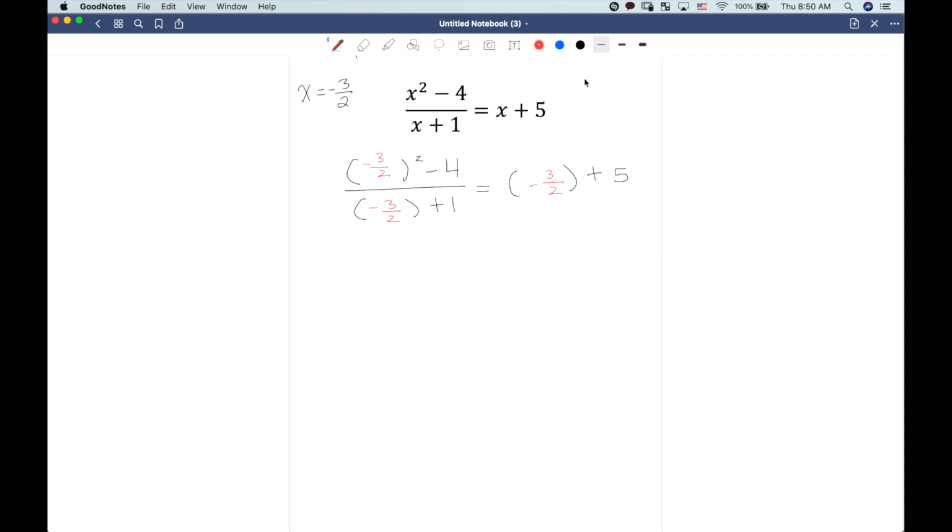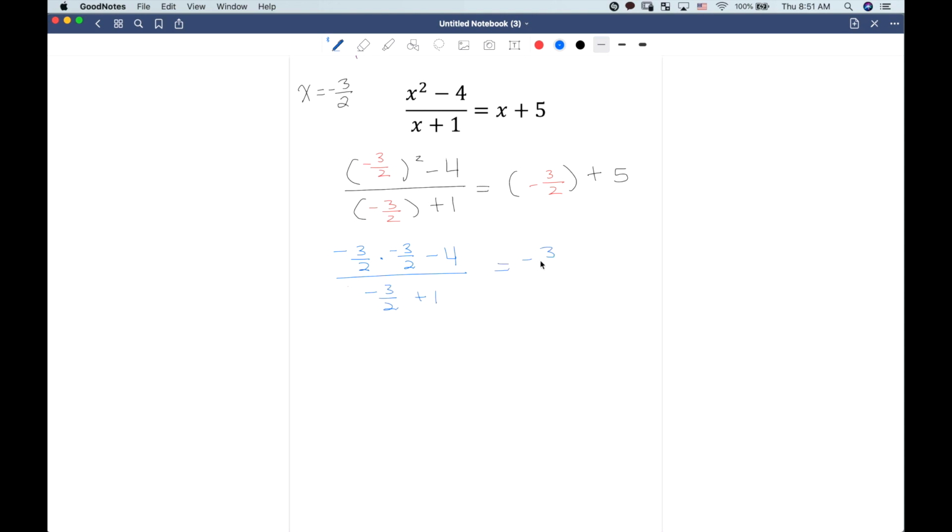Okay, so we are dealing with fractions. Negative 3 over 2 squared. That just means I have negative 3 over 2 multiplying itself twice. Minus 4. The denominator is okay, so I'm just going to rewrite that.